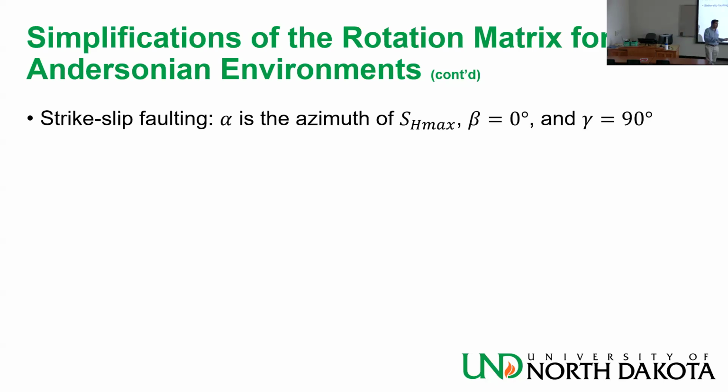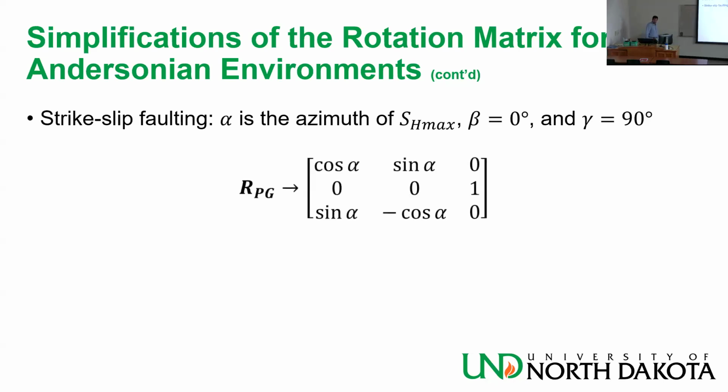It will change the Euler matrix. But if you use the angles correctly, it may be different angles, it can still work. It's a geometrical or a trigonometric problem, I guess. The result is this. Again, cos alpha, sine alpha, zeros and ones.